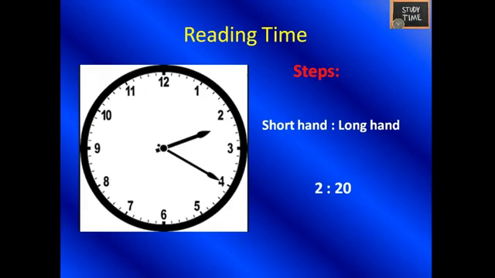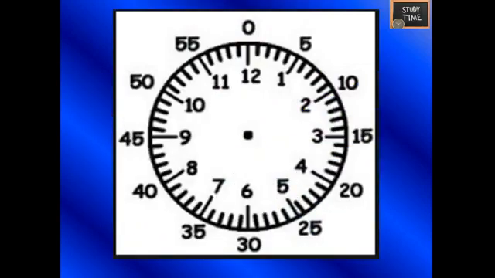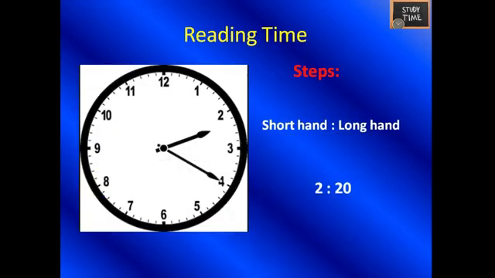You can directly write the number pointing to that hand. Here it points to 2. Whereas for the long hand, you have to imagine this. The outer number corresponds to the long hand. So here in this picture, it points to 4. 4 means 20. So the clock time is 2:20.